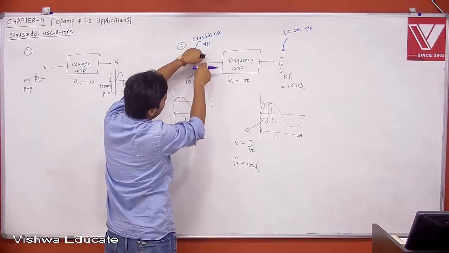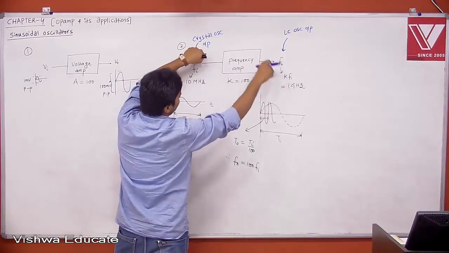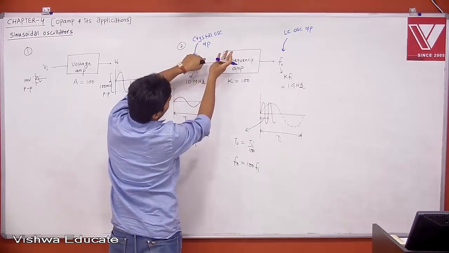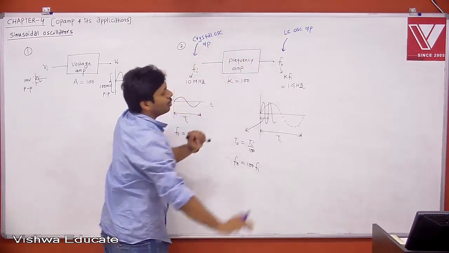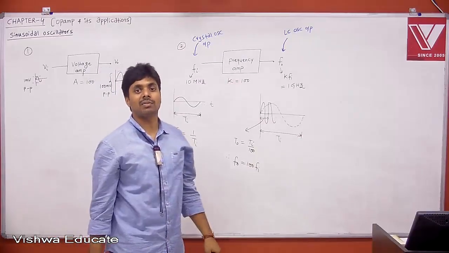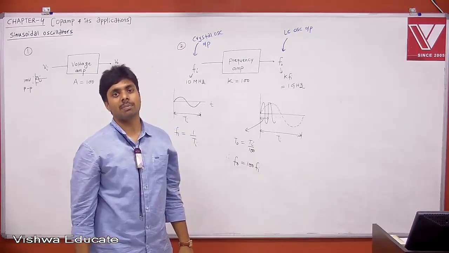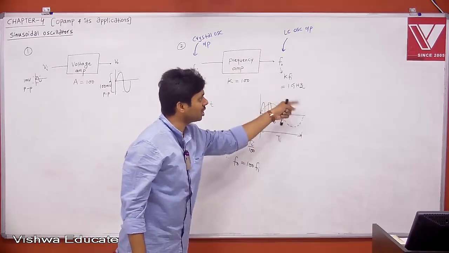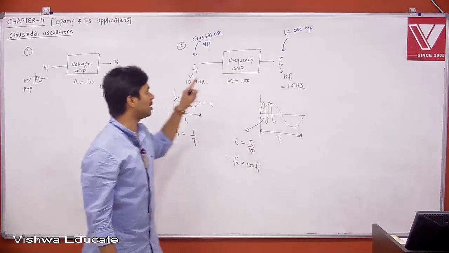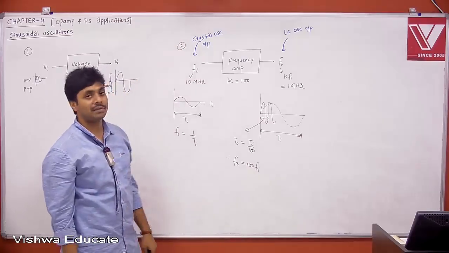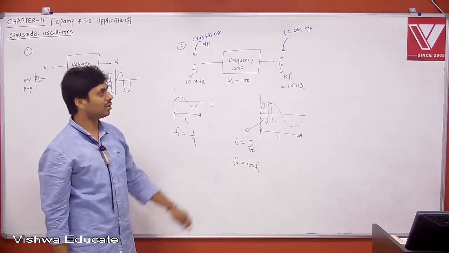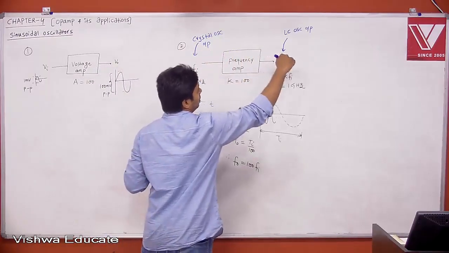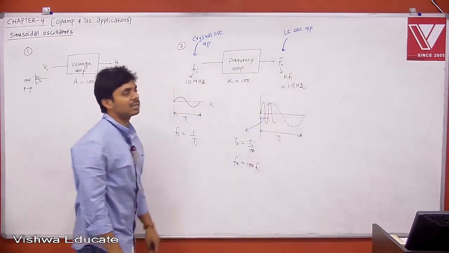If there is any variation or change in output, compare with the crystal oscillator output, which is stable, then give some error signal. That error signal you give to a voltage controlled oscillator, which changes the frequency of oscillations by changing the capacitance or inductance, and then we can control your output signal frequency variation. Whatever stability you have at the input is given to the output from the LC oscillator.